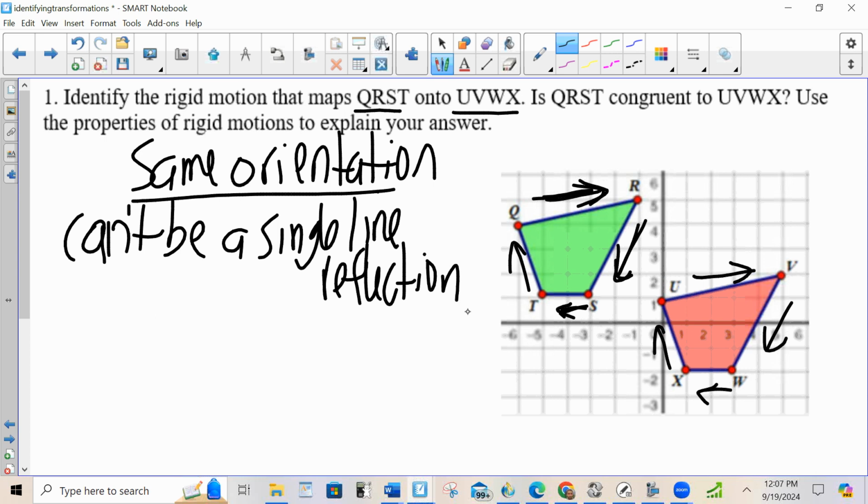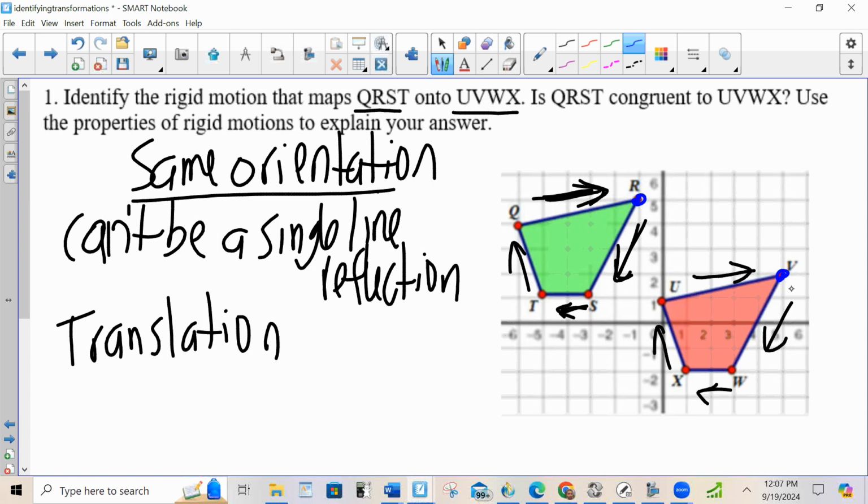So we need to be a little bit more specific. It's a translation. How much? So let's count. Let's pick any point and its image. Let's go R to V. How do I get from R to V? Well, it's 1, 2, 3, 4, 5, 6 to the right, and 1, 2, 3 down.